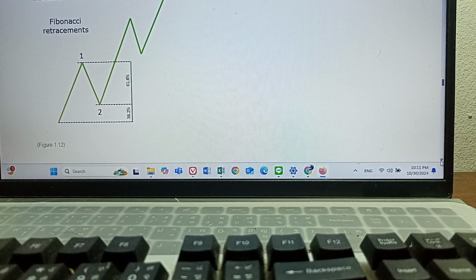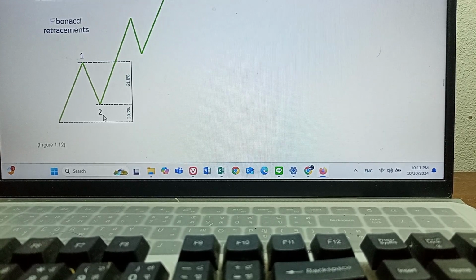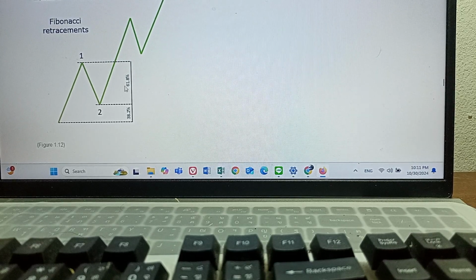Elliott Wave theory, Fibonacci retracement. Wave 2 retraces from wave 1 by 61.8%.